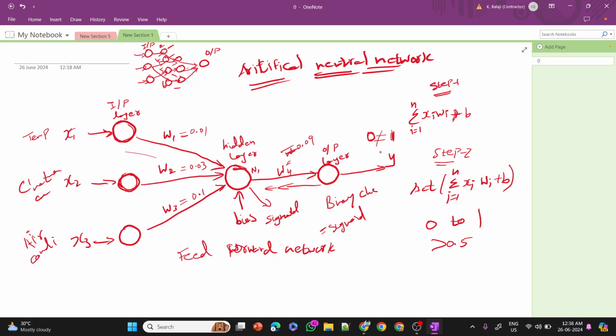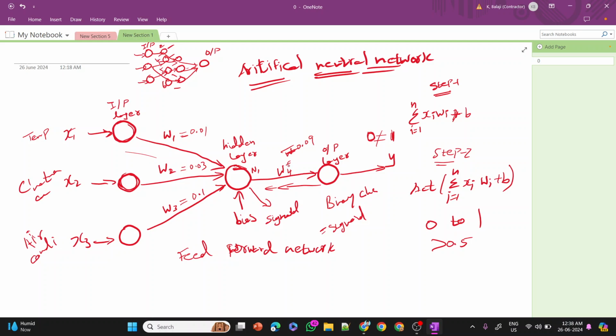But our final output is not equal to the actual output. So the weights are not correct, and we back propagate and update each weight.